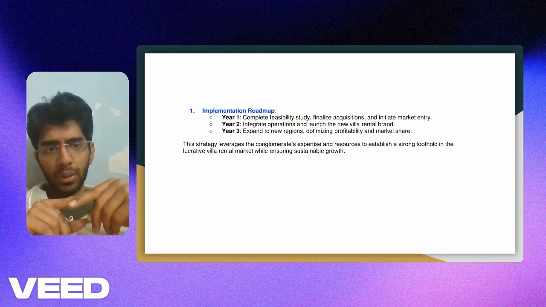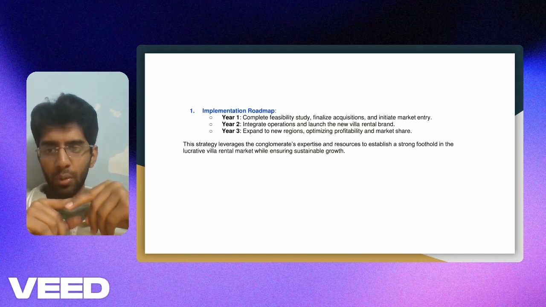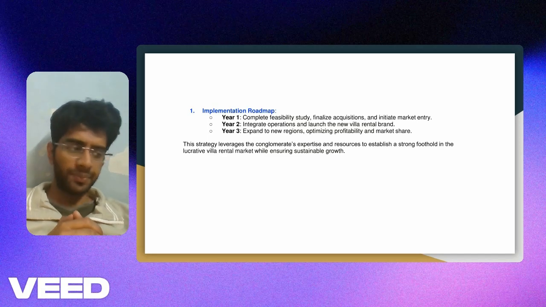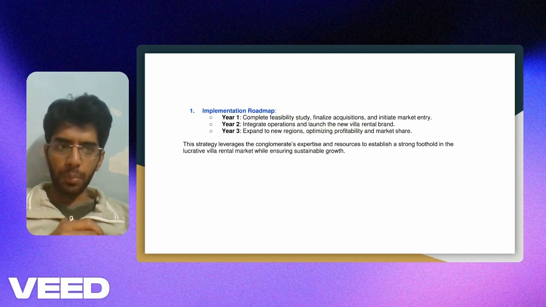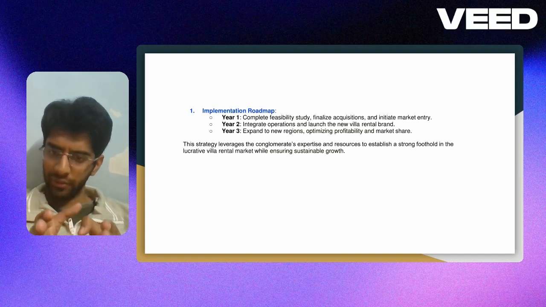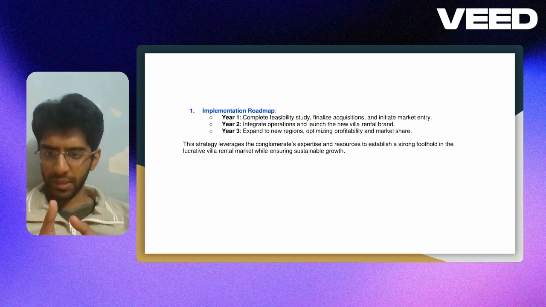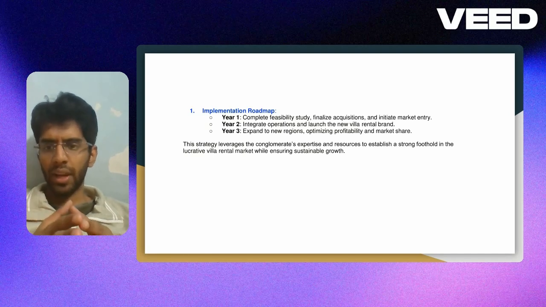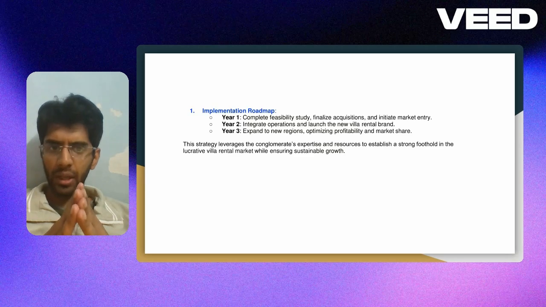At the same time, we look at possible good acquisitions, small players which we could potentially acquire or engage with in long-term partnership. The third is to initiate the market entry procedure. Once we have appropriate studies and partners in place, we should finalize the market entry strategy and make our way into the market.